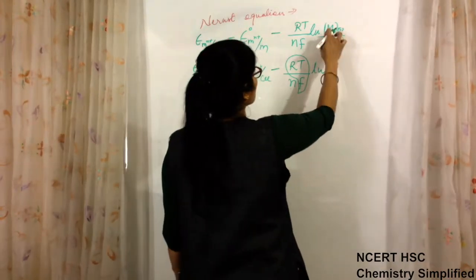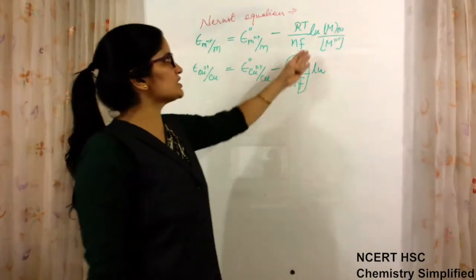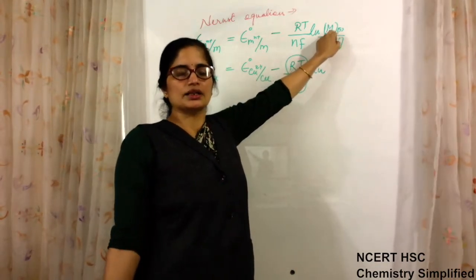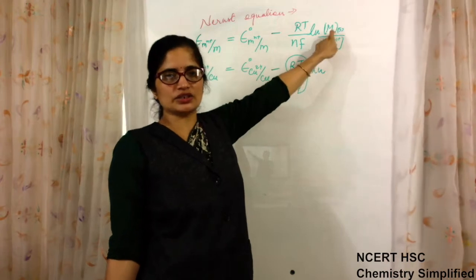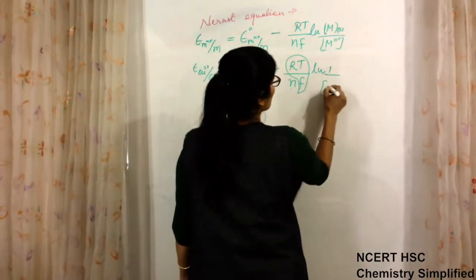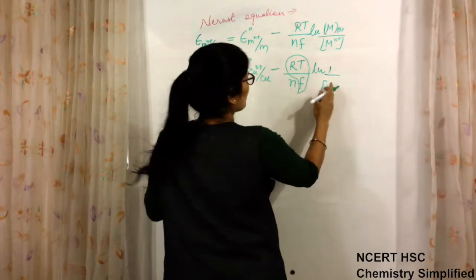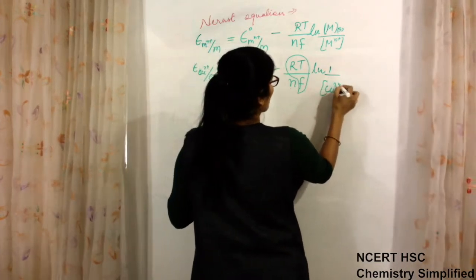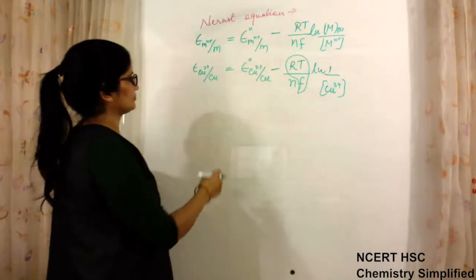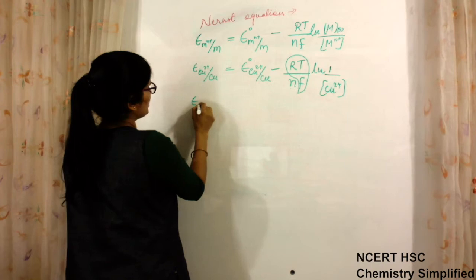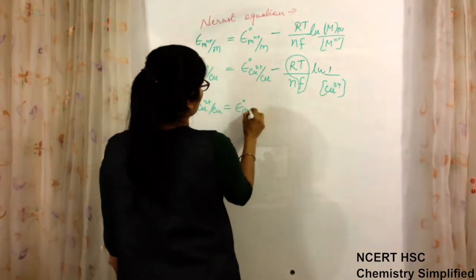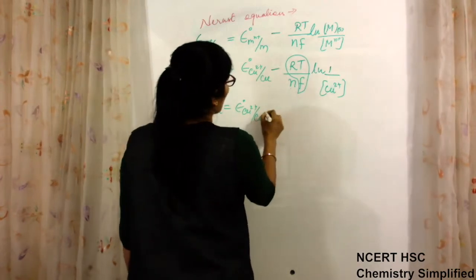Ln, because when we take the concentration of any solid, in the equilibrium chapter we had studied that solids and liquids have concentrations of unity. So this is 1 upon the concentration of Cu2 positive ions in solution. Now E Cu2 positive/Cu is equal to E standard Cu2 positive/Cu minus RT upon nF.